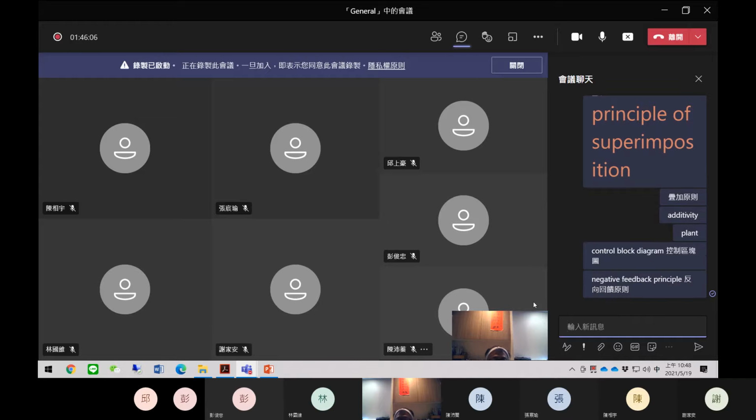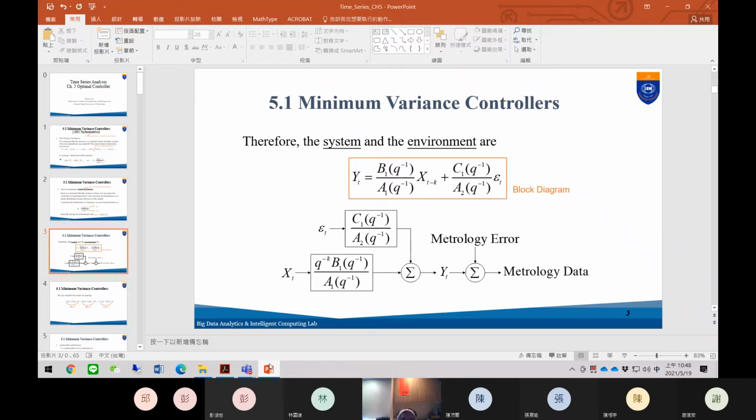Okay, the negative feedback principle. The system and the environment are characterized by the block diagram. In here, this is the summation, and the epsilon t comes into the polynomial.